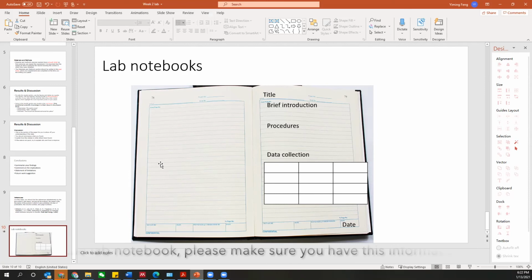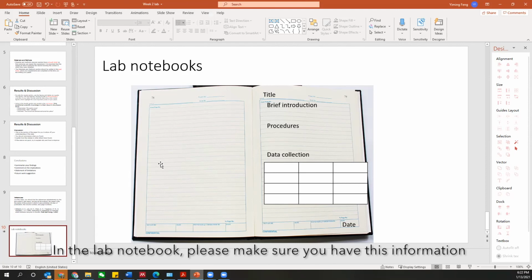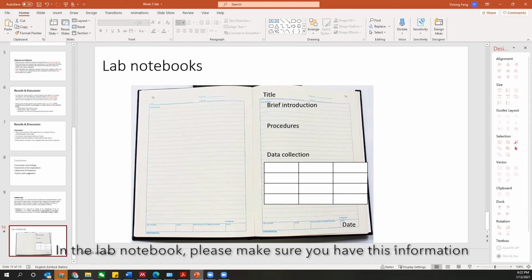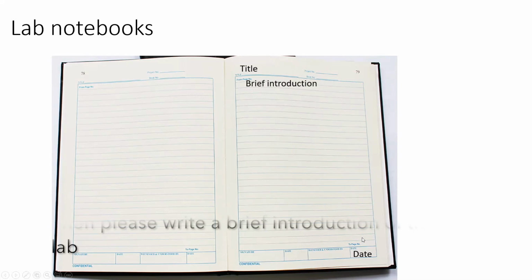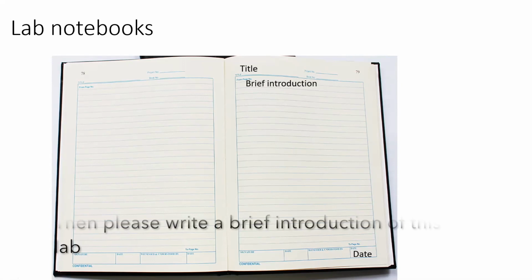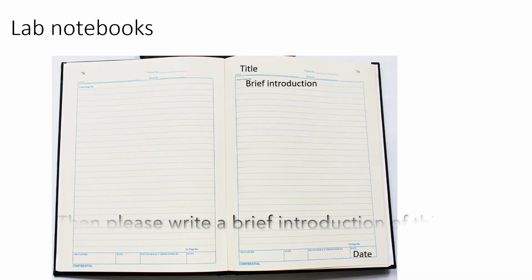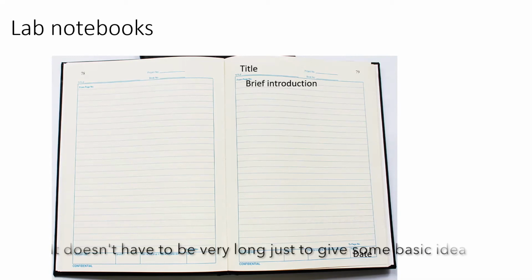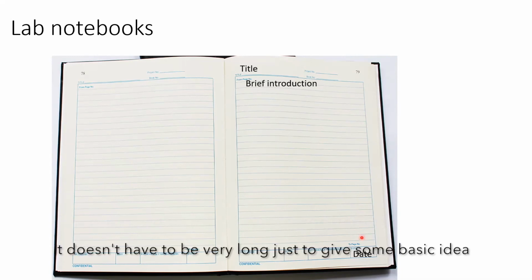In the lab notebook, please make sure you have this information. First, title and the date. And then, please write a brief introduction of this lab. It doesn't have to be very long, but just to give some basic idea.